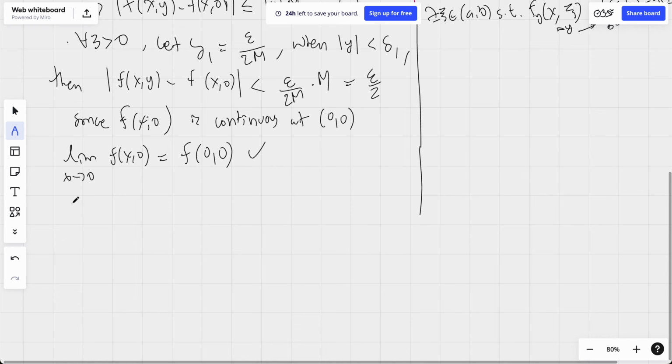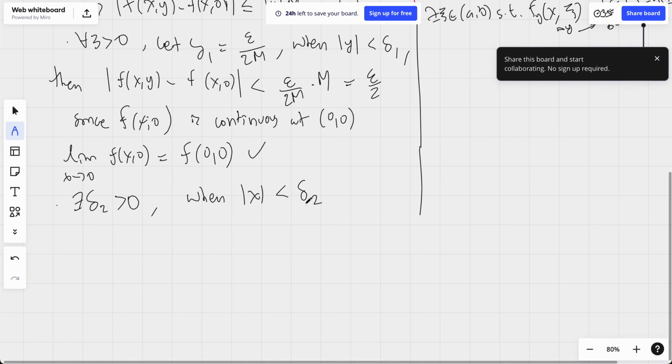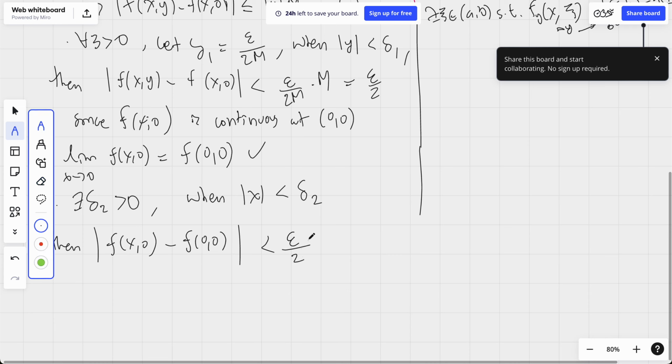So that means that there exists a delta 2 greater than 0 such that when the absolute value of x is smaller than delta 2, then the absolute value of f(x, 0) minus f(0, 0) has to be smaller than epsilon over 2. You can also put epsilon, but I will put epsilon over 2.